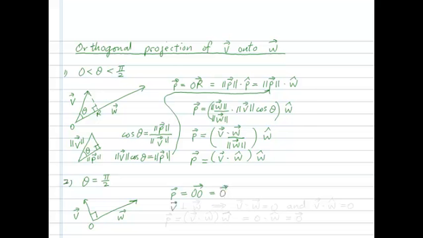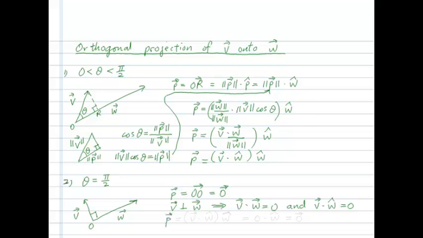We know that when the two vectors are orthogonal to each other, which is vector V is orthogonal to vector W, then the dot product vector V dot vector W is 0. And vector V dot the direction of vector W is also 0.